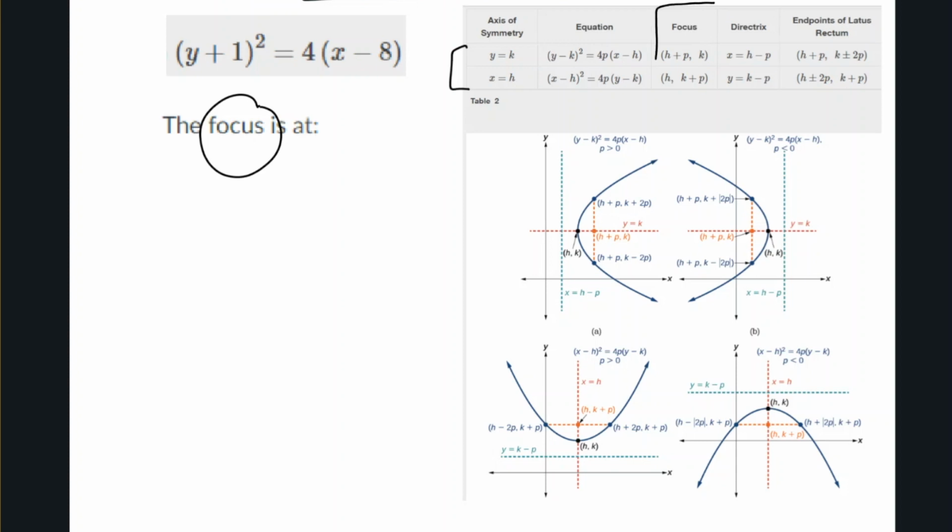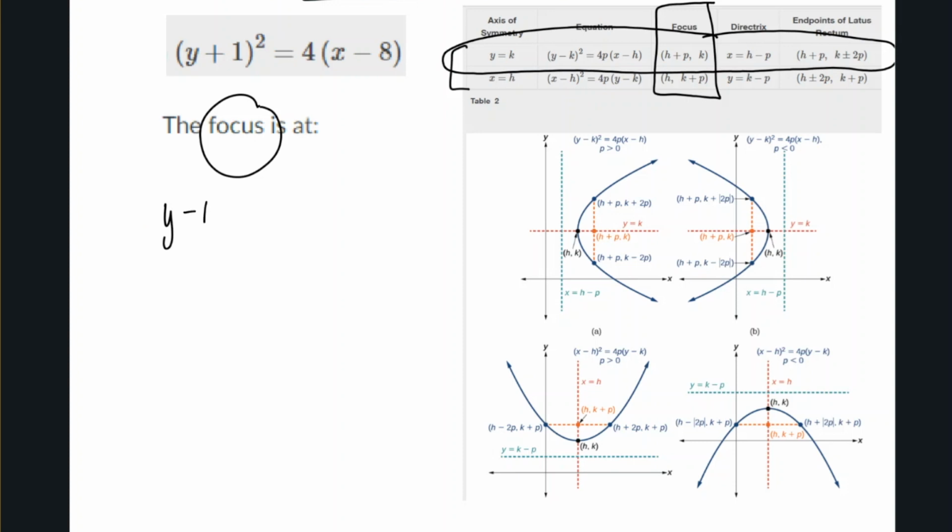The focus is found here based on whether the equation is y something squared or x something squared. Because it's y something squared, I know I'm dealing with this top row for this problem. So the formula is always y minus k for this type equals 4p times x minus h.